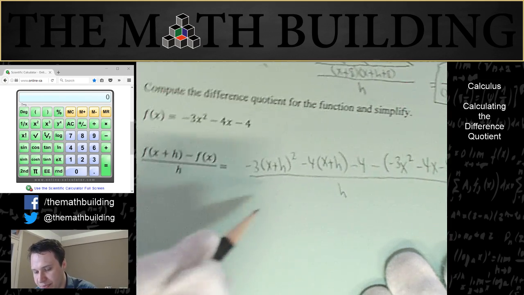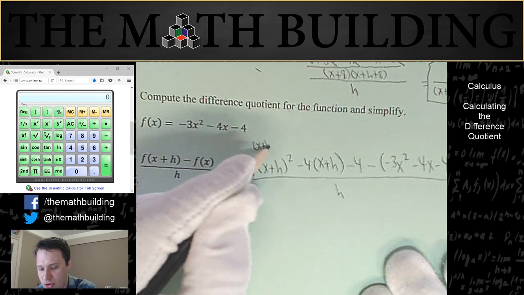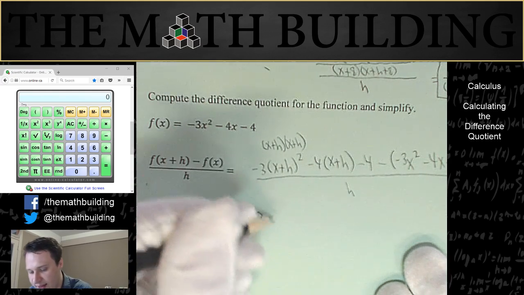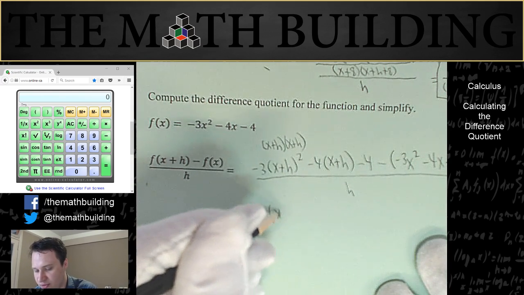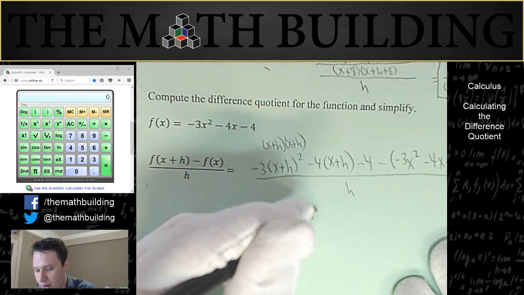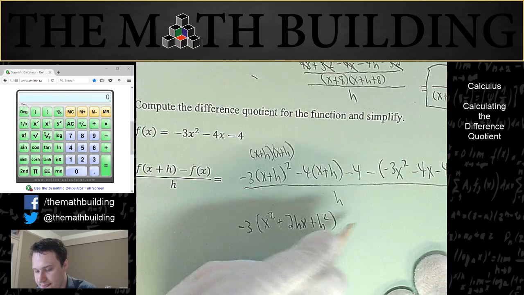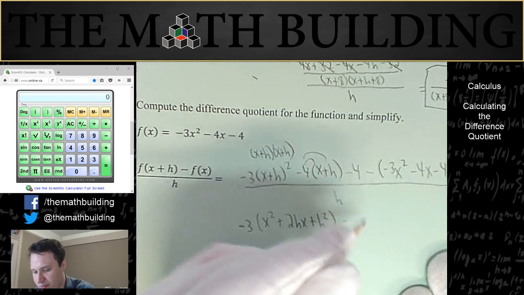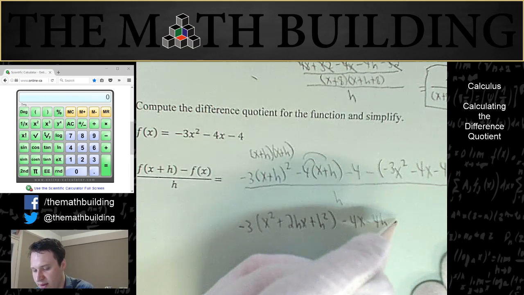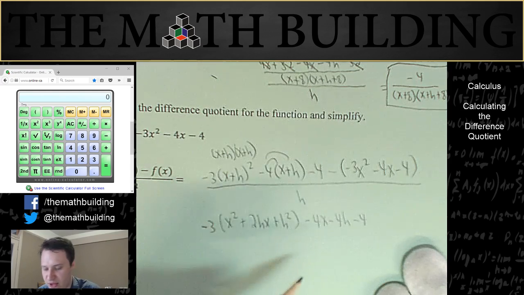So let's do that. If I FOIL, remember this is x plus h times itself. So let's FOIL that. That'll be negative 3 times x squared plus hx, which is 2hx, plus h squared, minus, let's do the distributive property, 4x minus 4h, and then we have a minus 4, and then this minus will just flip all the signs.